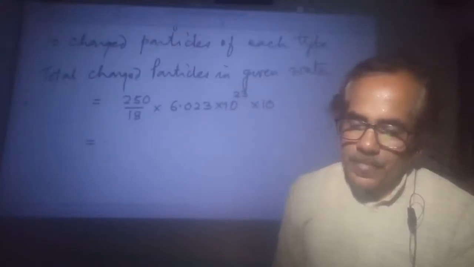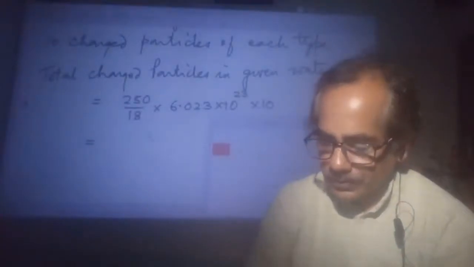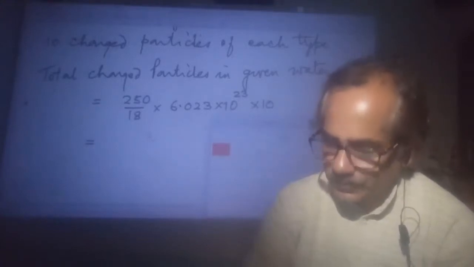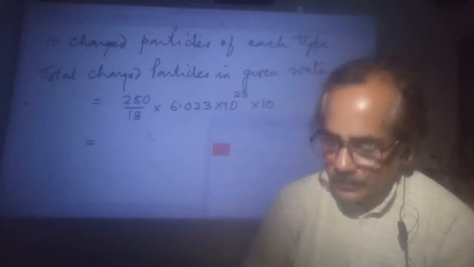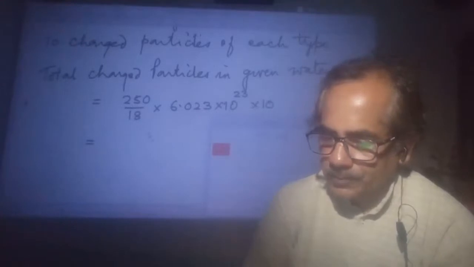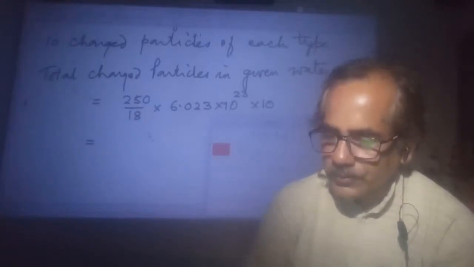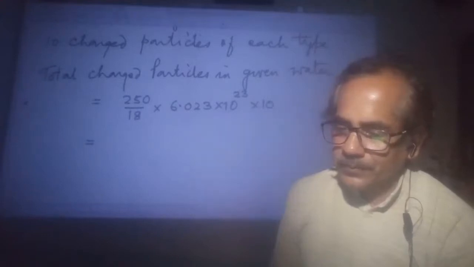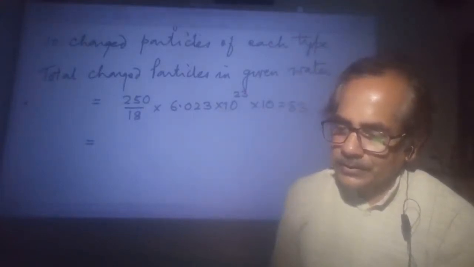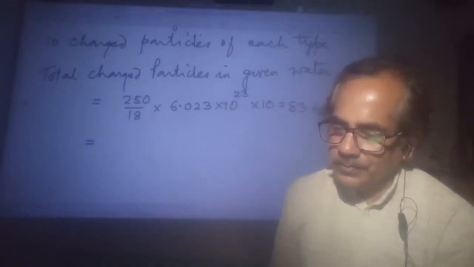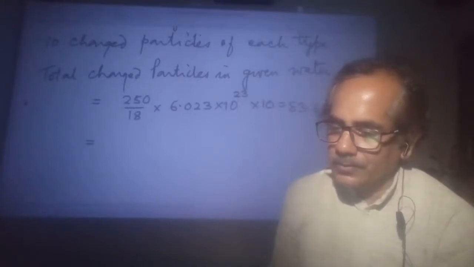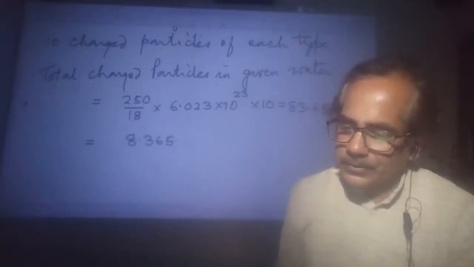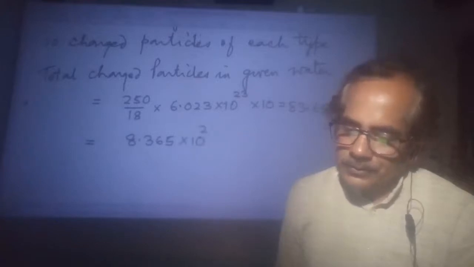Let us do the calculation: 250 upon 18 multiplied by 6.023 gives 83.652. So 83.652 into 10 to the power 23 and then 10 to the power 24, and that will be equal to 8.365 into 10 to the power 25.